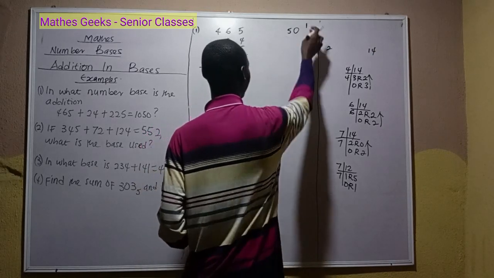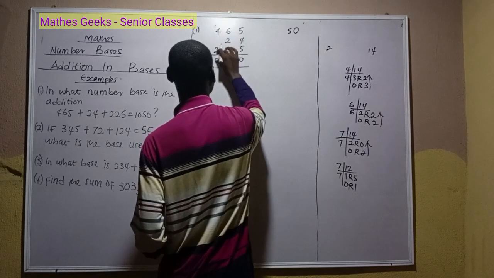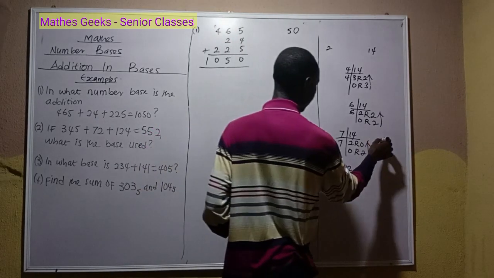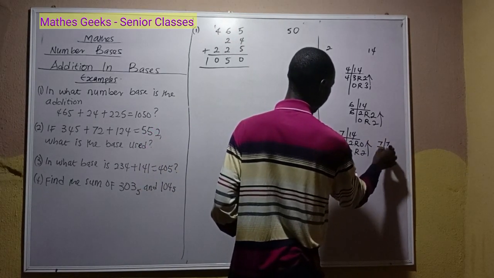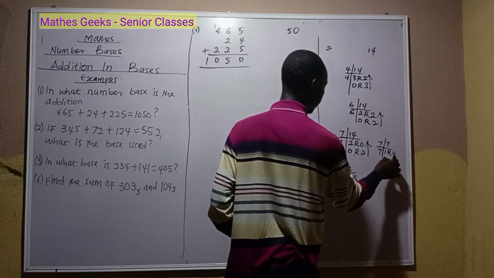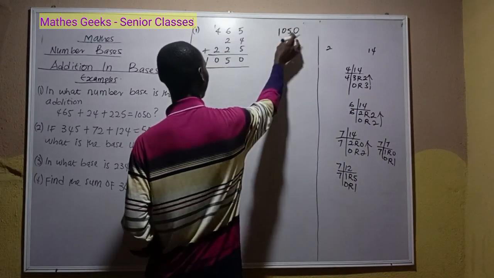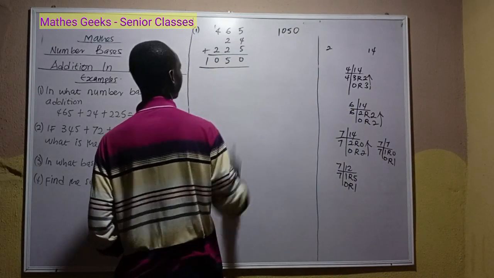So let's go on. This one I carry over. If I bring it here, 4 plus 2 is 6, plus 1 is 7. And 7 in base 7 is 10. 7 into 7 is 1, remainder 0. 7 into 1 is 0, remainder 1. So if I write 10 here, what do I have? 1050, 1050. That's correct.